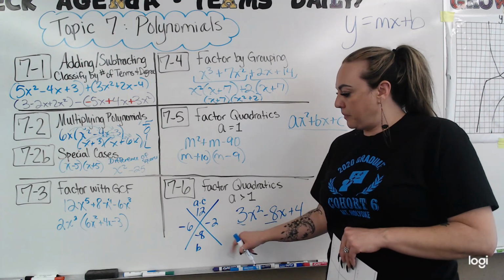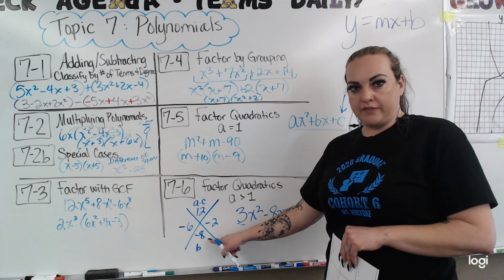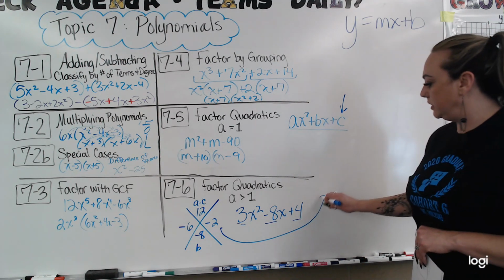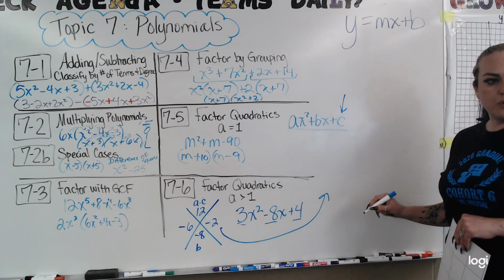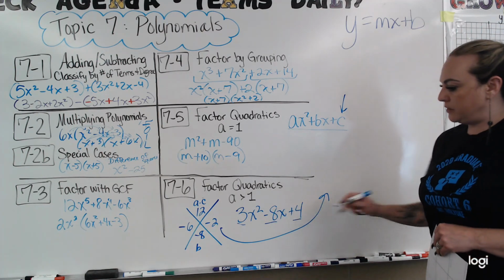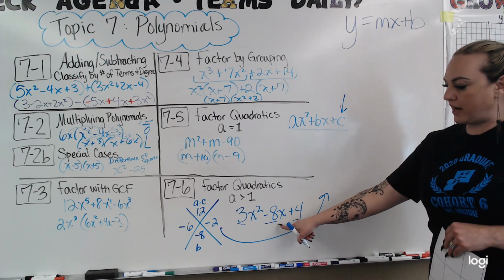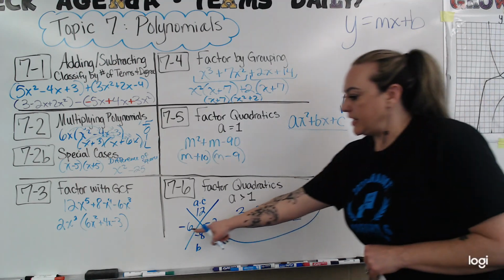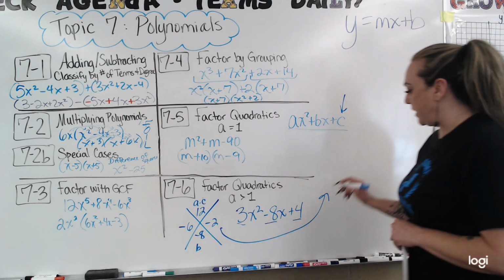Multiplied will give me a positive, and put them together it gives me a -8. So now we come over here and we're going to rewrite this polynomial, and instead of writing -8x, we're going to split it into -6x and -2x.